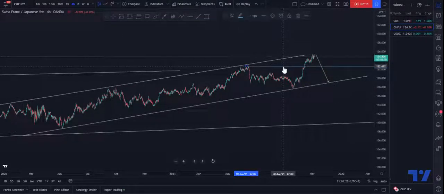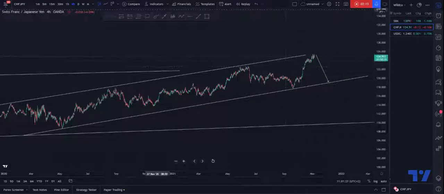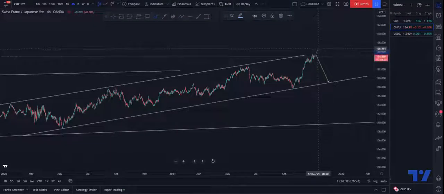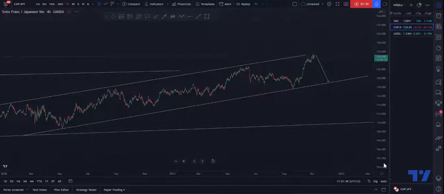However, there might be more buyers, and these buyers might push price further to the top, giving us a false break, and then we might go to the downside. However, that's not part of the issue.